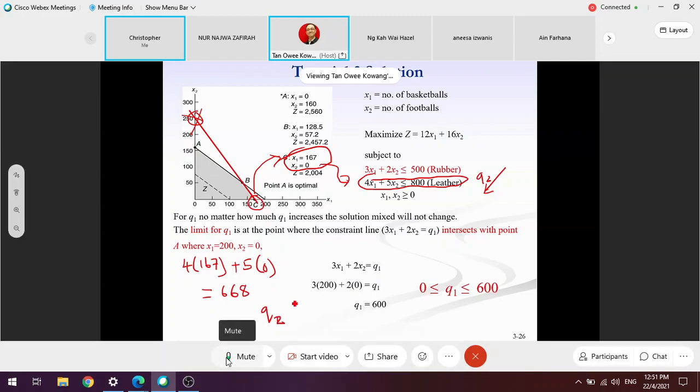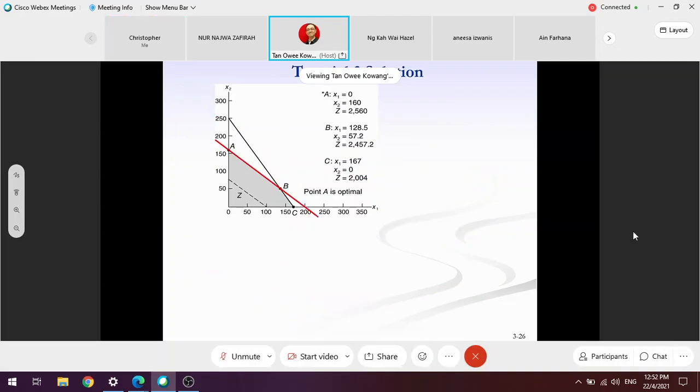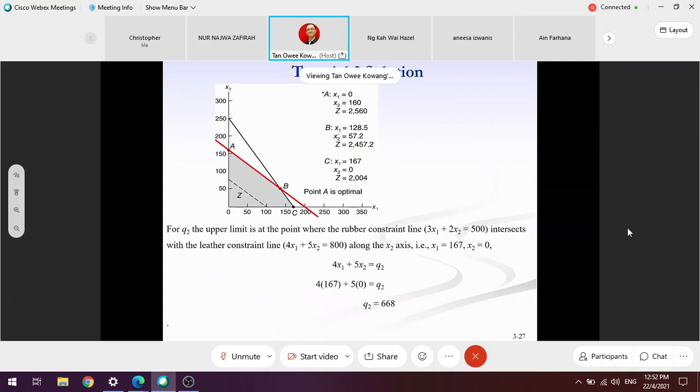This is 2. Nak lower atau apa? Tengok semula dekat sini. Sini 800 kan. 800, 668 must be here. So here become infinity. Ya betul. Nampak. Lower. So dah lah. Dapat yang ni. Done. Okay.